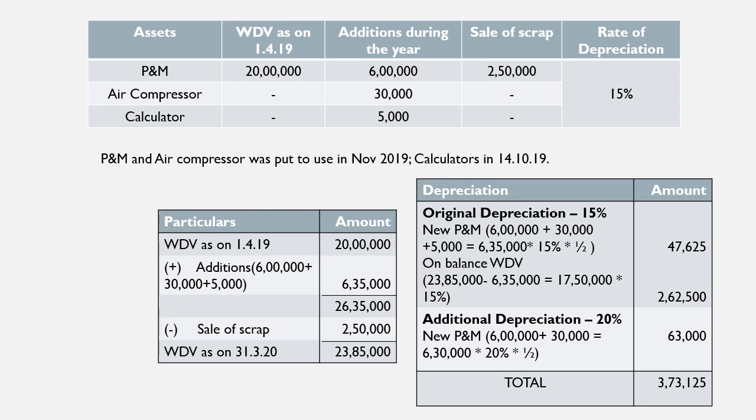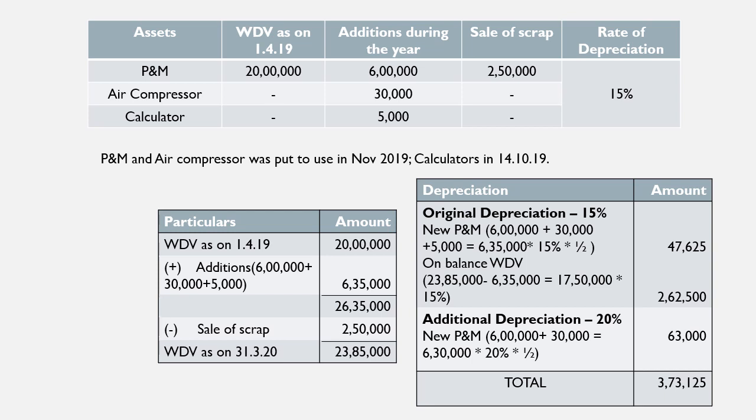Now we know the written down value is 23,85,000, and of which there are a few assets which are bought during the year and put to use for a period less than 180 days. In the first slide, we studied that the asset depreciation will be calculated based on the number of days it is put to use.